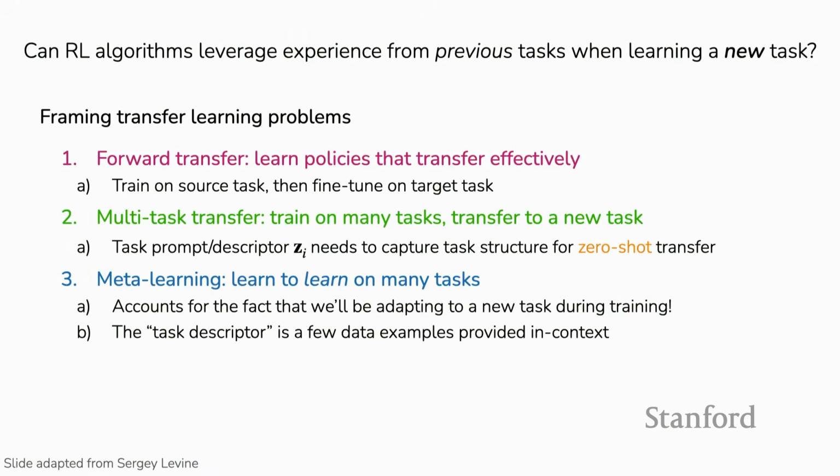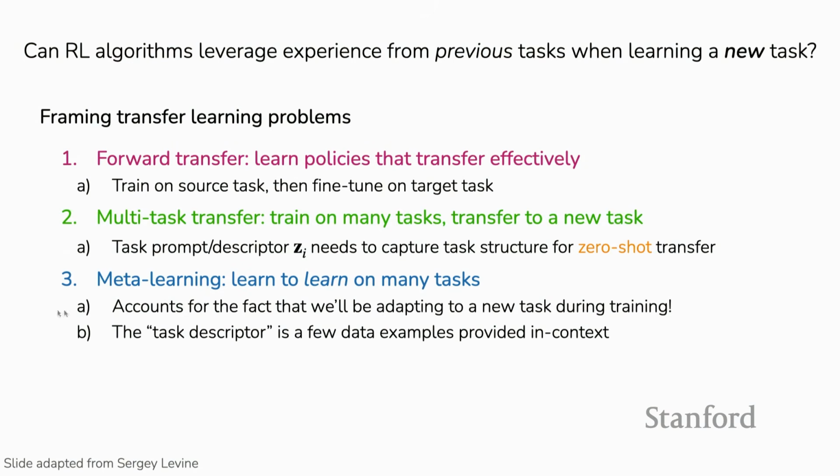And then meta learning is often concerned with, instead of zero shot transfer, something that's called few shot transfer, where with a little bit of experience, a few examples, or a few trials at a task, can you adapt to that task? Essentially the difference between multitask learning and meta learning is that it accounts for the fact that we're going to be trying to adapt with a small amount of data, and it does that during the original training process.